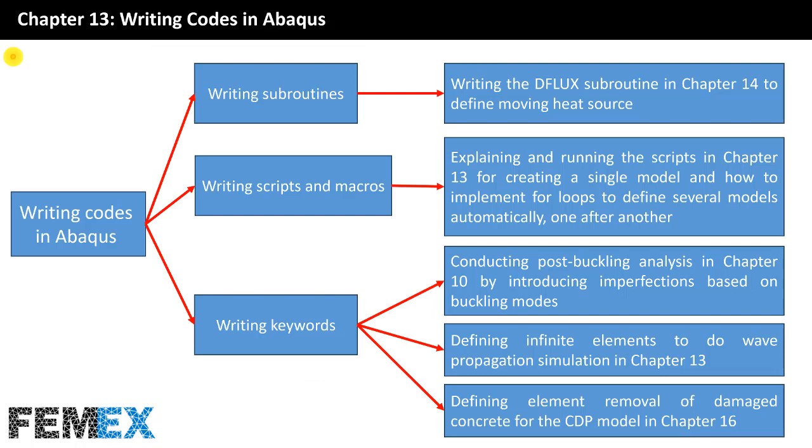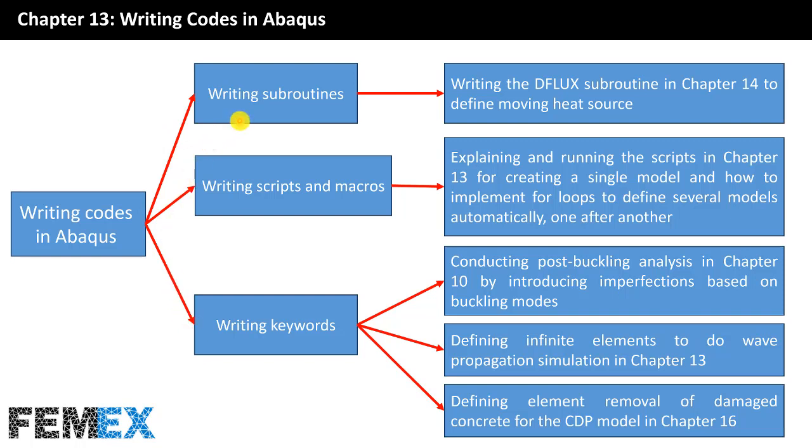Chapter 13 is about writing codes in Abaqus. Generally, we have three procedures to write codes in Abaqus. They are writing subroutines, writing scripts and macros, and finally writing keywords.